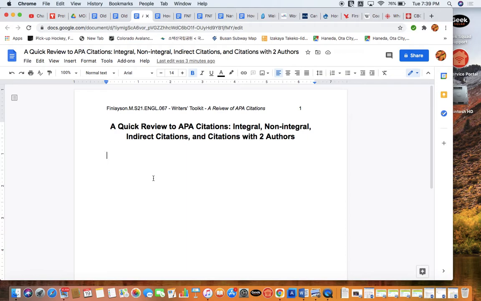So we're going to start off with integral citations. Now, just a reminder of what is needed for integral citations. First, you need the author's last name, and that will usually come very first in the very first position in the sentence, starting as the subject.